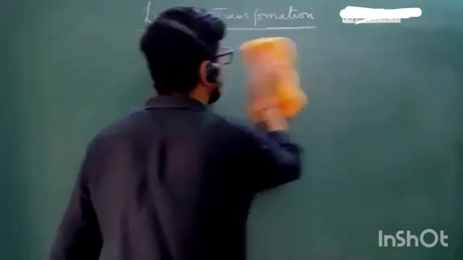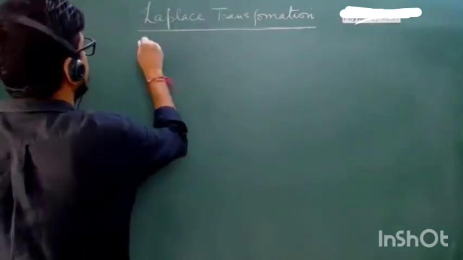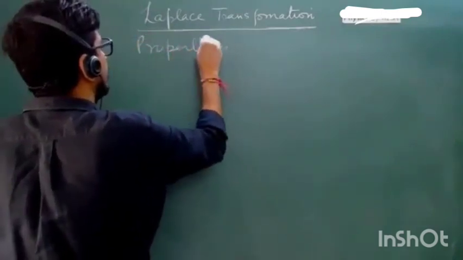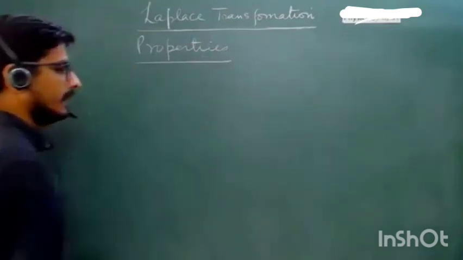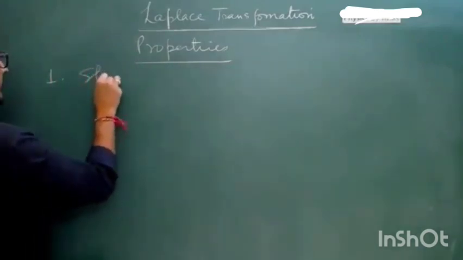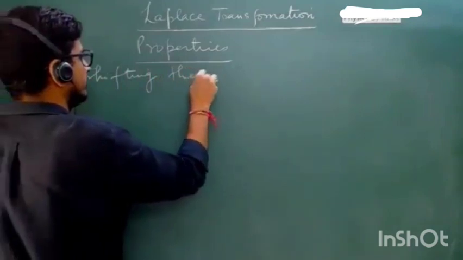So now there are some properties that are very important in Laplace, like we had properties in Fourier. There are properties here also associated with Laplace transformations. And the first property is the shifting theorem.